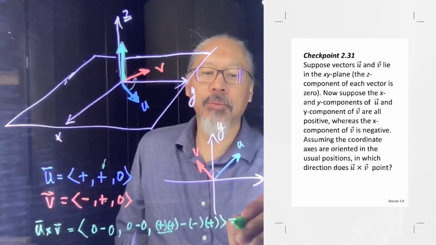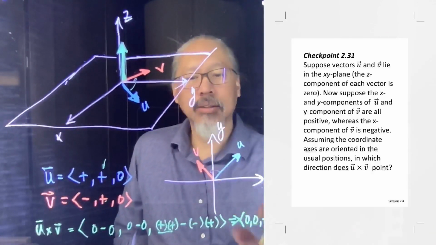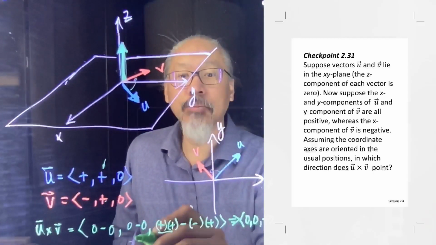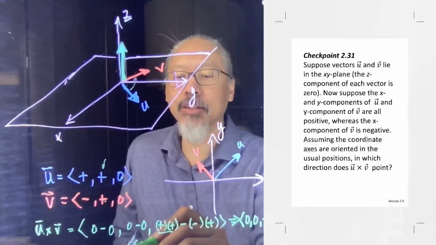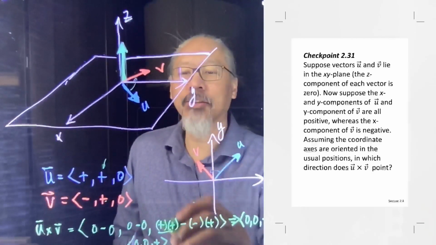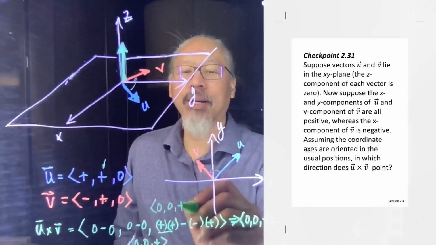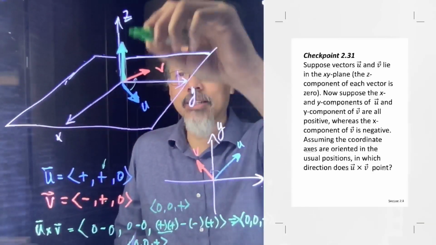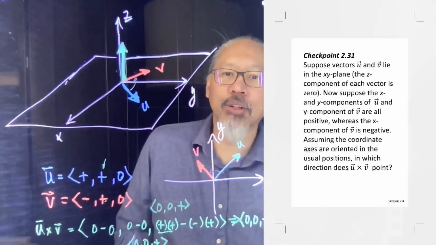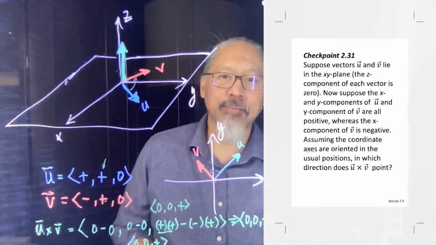So this will end up being 0, 0, and some positive number. In any case, we can see that it's going upward, and so that would be your solution. Okay, I hope that helps.